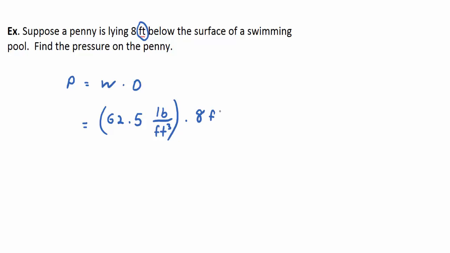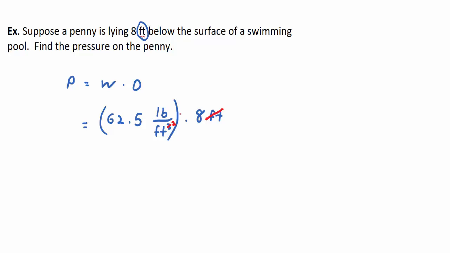If you do the unit analysis, remember the units cancel just like numbers do. That's how we create our units. What are we going to have on the bottom? Square feet. So we're going to get 62.5 times 8 pounds per square foot, which should make sense because you want the pressure on the surface of the submerged object, right?